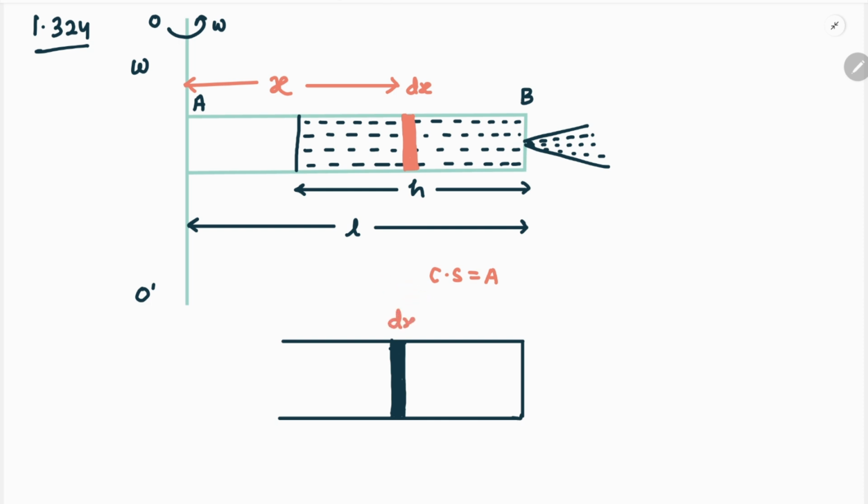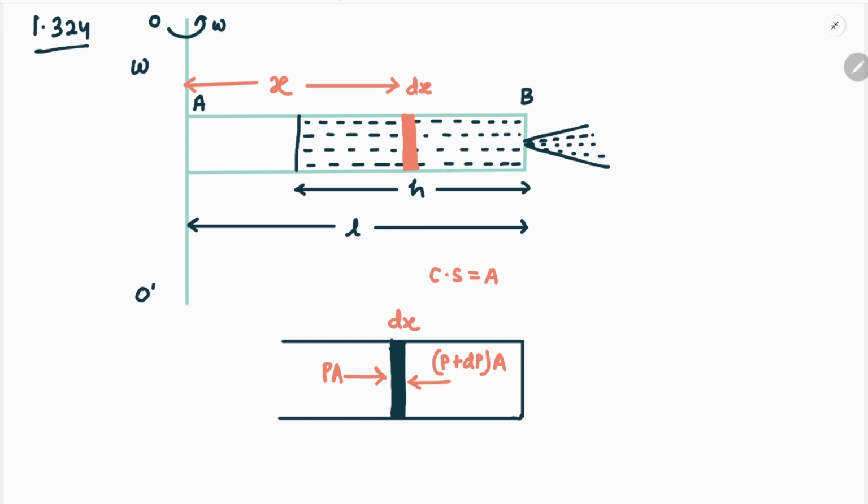It is acted upon by a pressure P, resulting in a force pressure into area A, and on the other side we have a pressure P plus dP multiplied by area A.